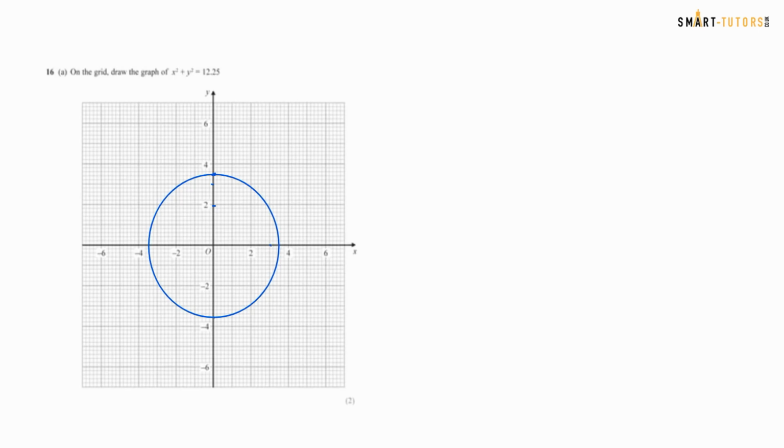We drew the circle x squared plus y squared equals 12.25, and as part B they are asking for the same circle x squared plus y squared equals 12.25 and another straight line equation, 2x plus y equals 1. So hence find the estimate. The answer they are asking for is an estimate, so it's going to be a graphical solution. Estimate is the key word to understand.